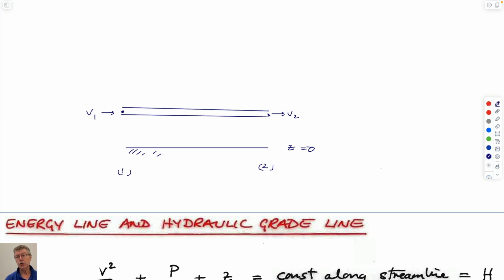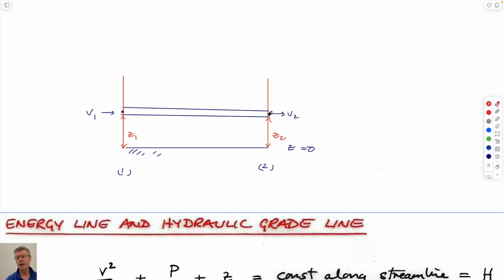If we think pictorially about Bernoulli, actually I'm going to draw this. The fact that Bernoulli is the sum of 3 quantities, upstream and downstream, then we can think of this as being Z1 and Z2, right?